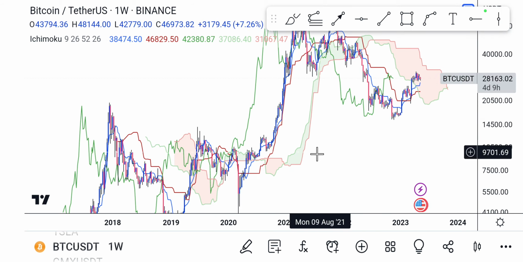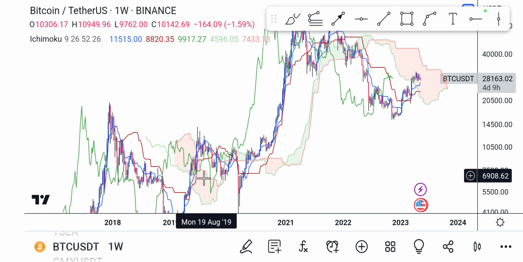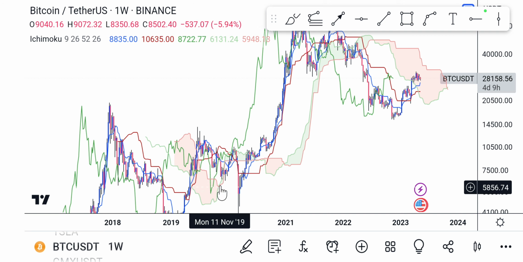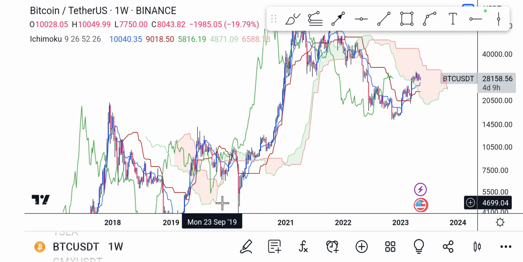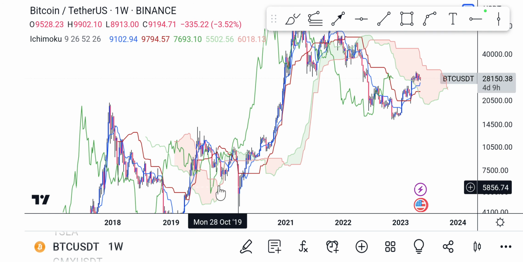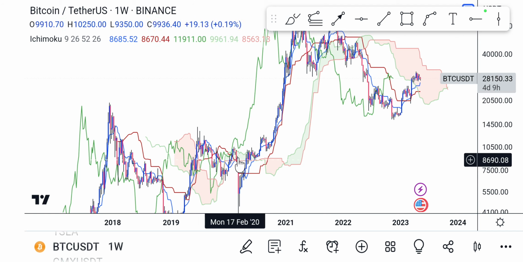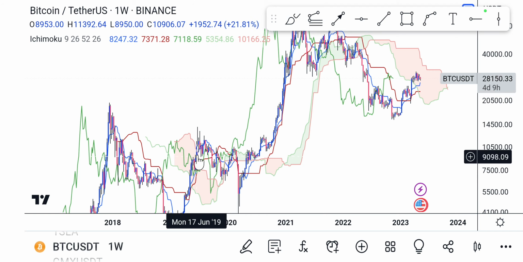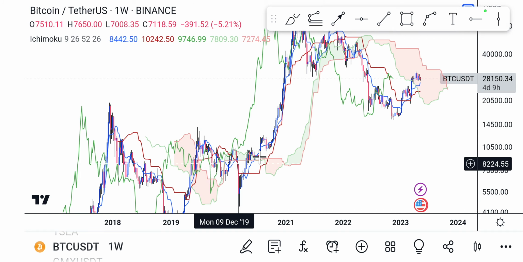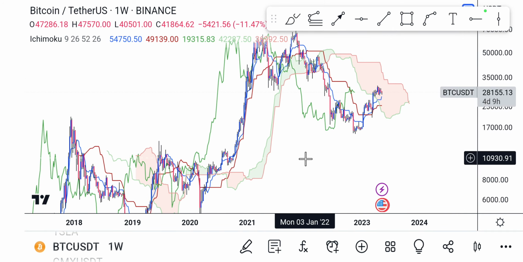I wanted to show you guys what happened back in the 2019 to 2020 bull run. As you can see, this cloud stayed from this level to when we got this Kumo twist here before price started moving higher. So what I wanted to pay close attention to here is the Chikou span, which is the green line. When it's above the price and above the cloud, it's telling you don't close your long.